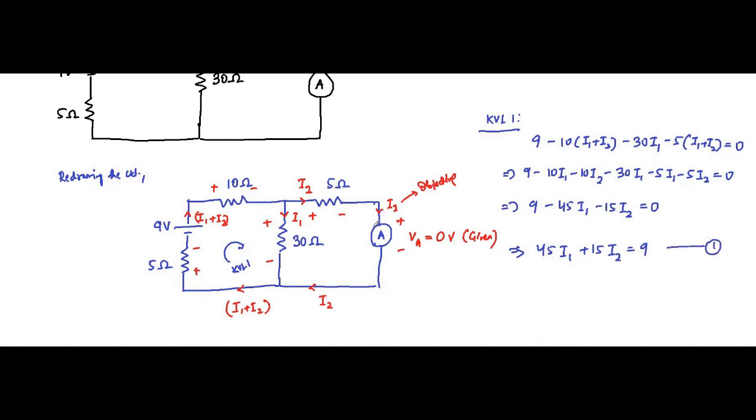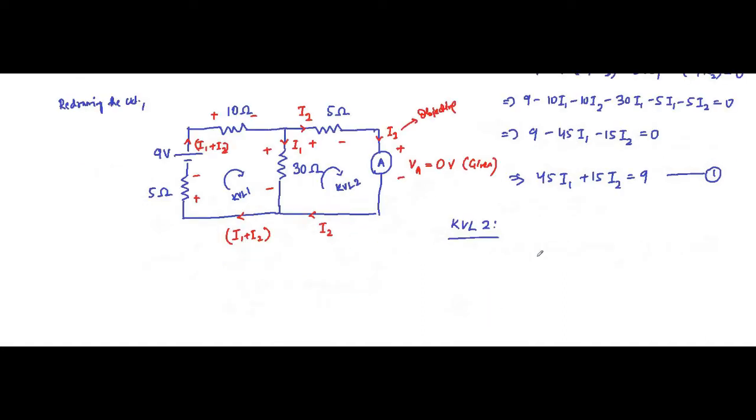Then we'll apply KVL in this second loop, KVL equation 2. It will be 30 I1, we are going from negative to positive, I1 flowing through 30 ohm, minus 5 I2 minus VA is equal to 0. VA is 0 volt, negligible voltage drop across the ammeter, that is given.